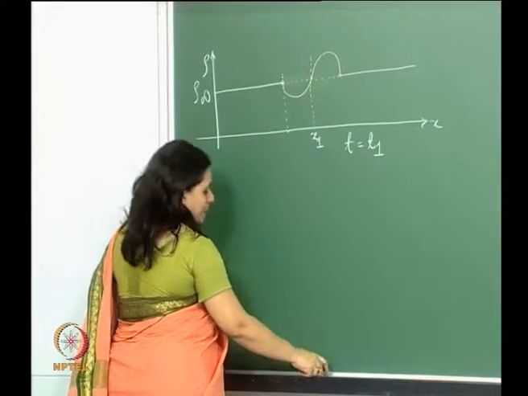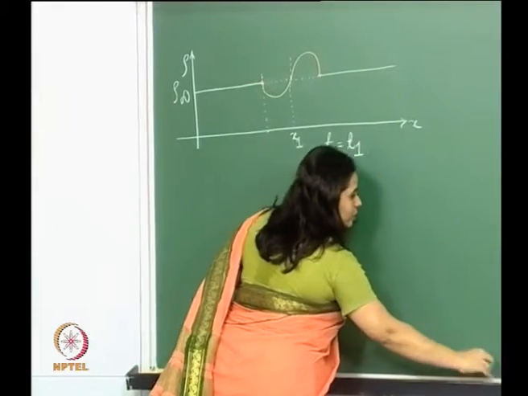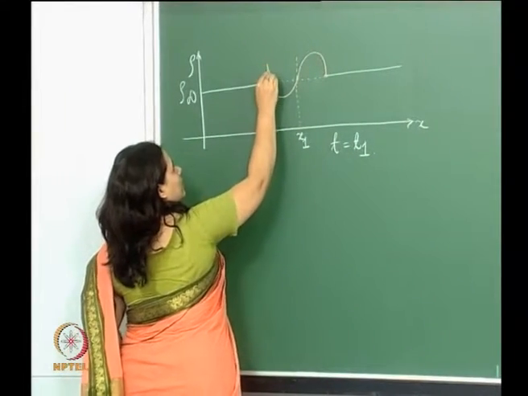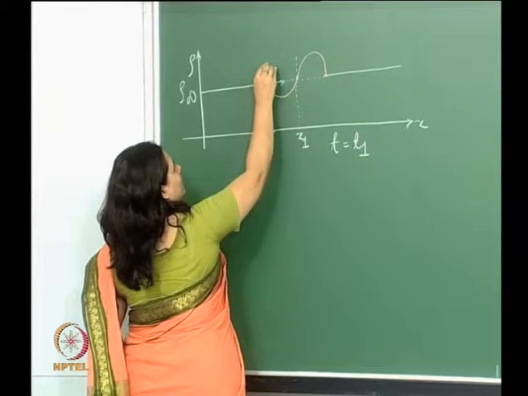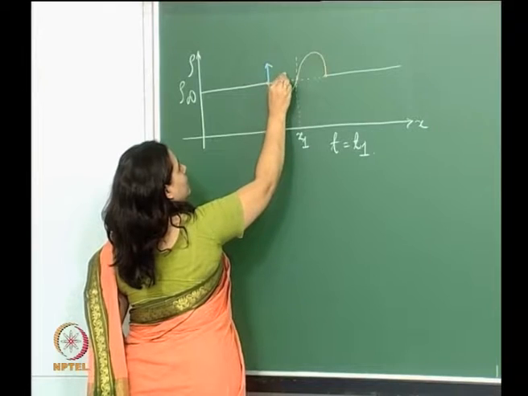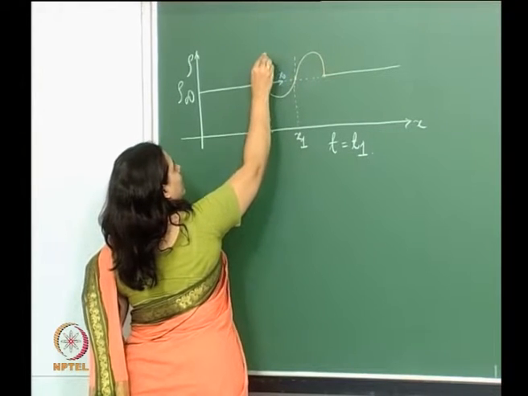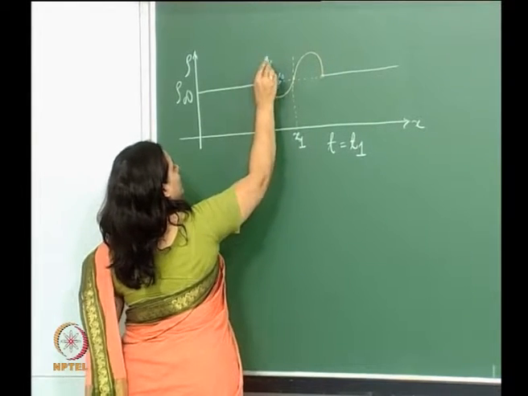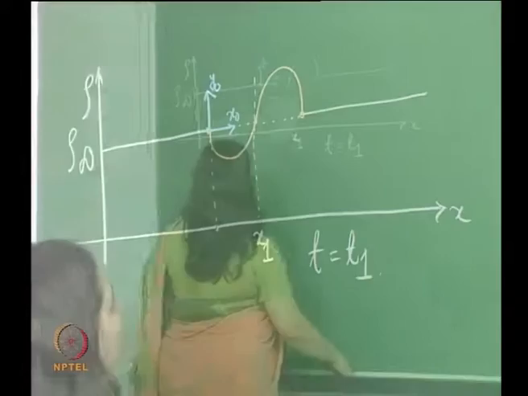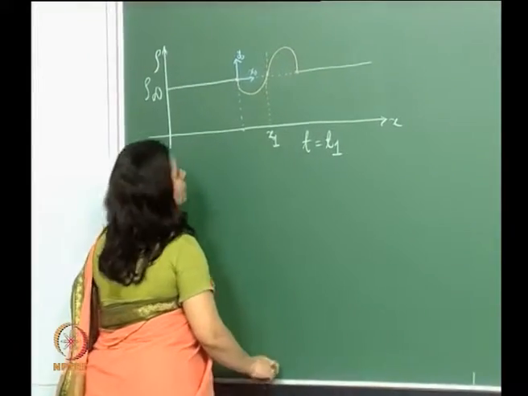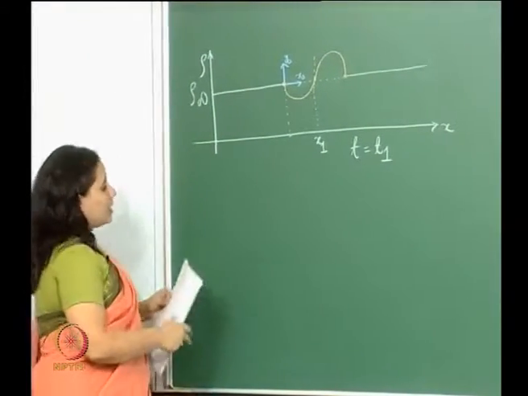I am also going to draw a local axis system, let us call it x naught 1, at the origin of this disturbance. And also we will mark different points on this wave.